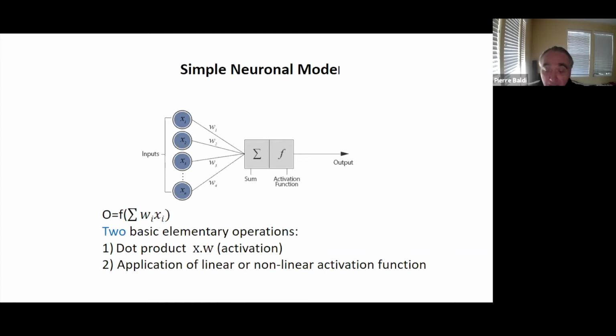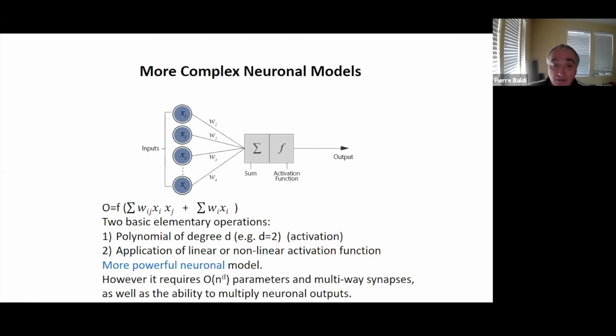And we know that it has universal approximation properties, in the sense that a network made of such little computing units can approximate any function. So in a sense, there is no need to make this model more complex because it can already do anything you want. But of course, you may want to explore ways of making these neurons a little bit more complex, because that may lead to more efficient or compact architectures or more efficient learning for particular tasks.